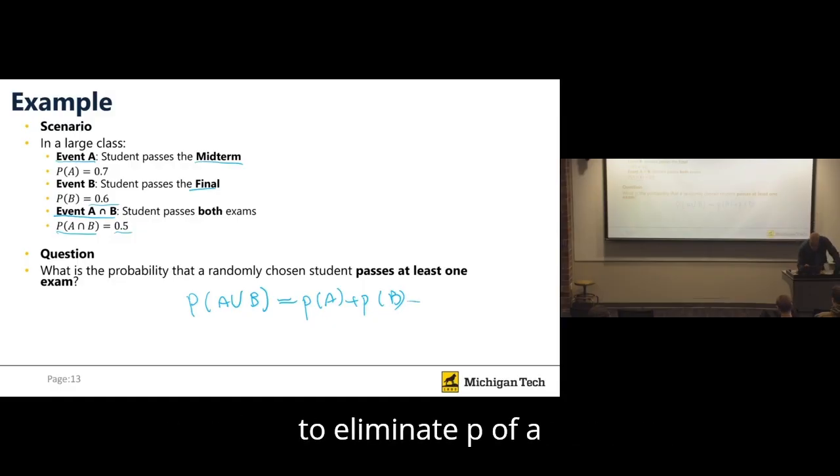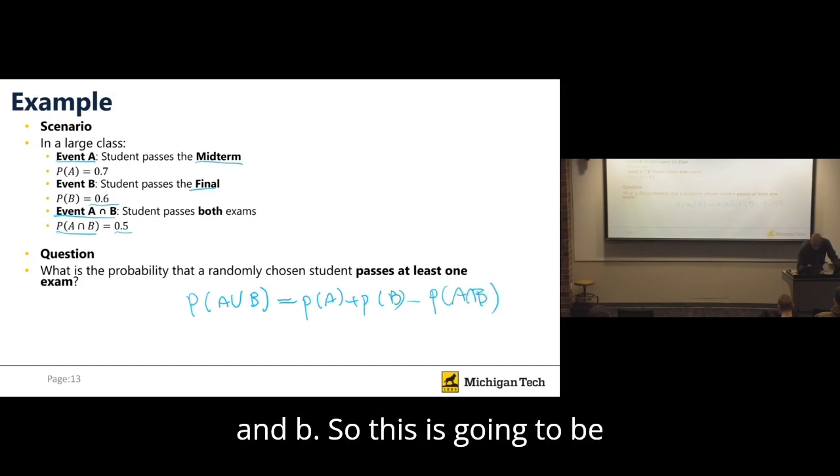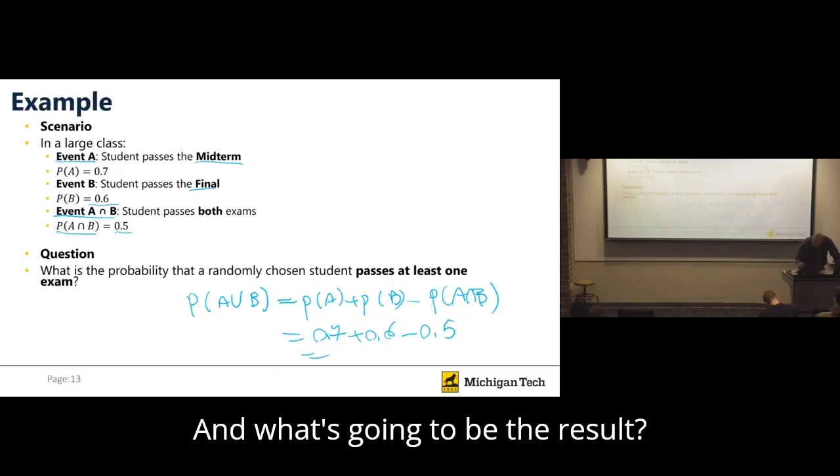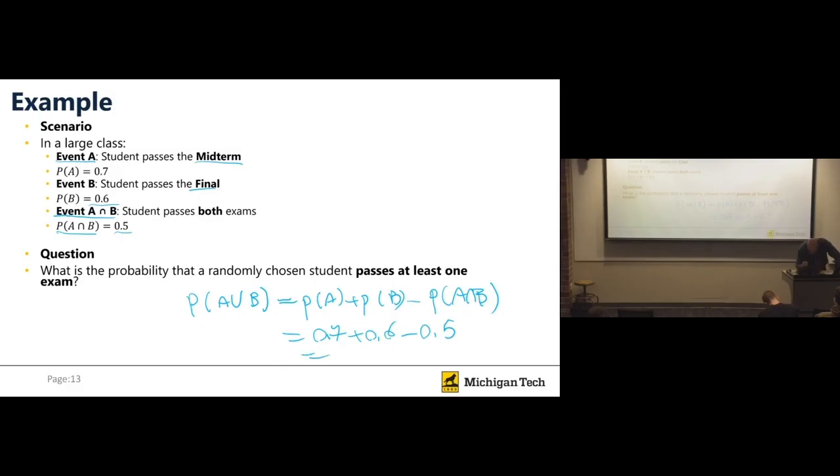So we need to eliminate P of A and B. So this is going to be 0.7 plus 0.6 minus 0.5. And what's going to be the result? 0.8. Any question?